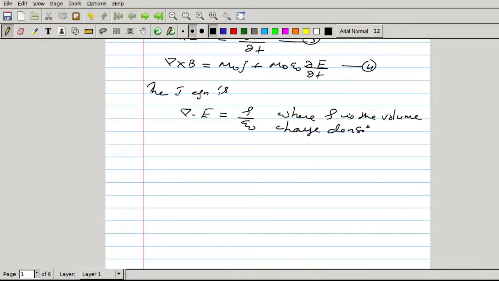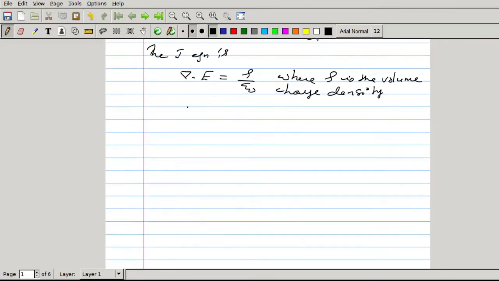Rho is the volume charge density, or the total charge density, which can be written as rho equal to rho free plus rho bound.